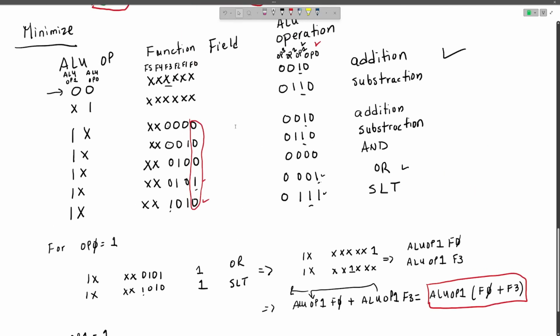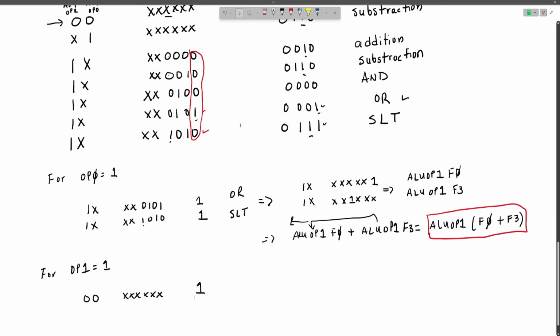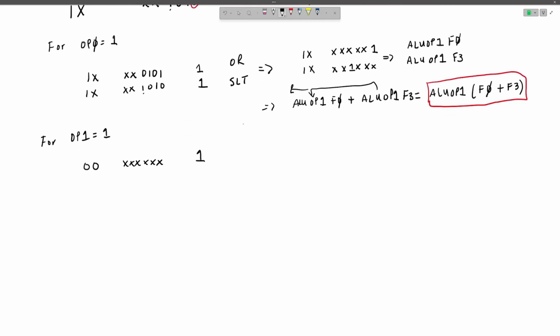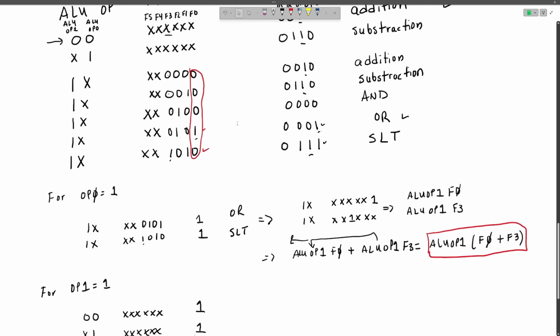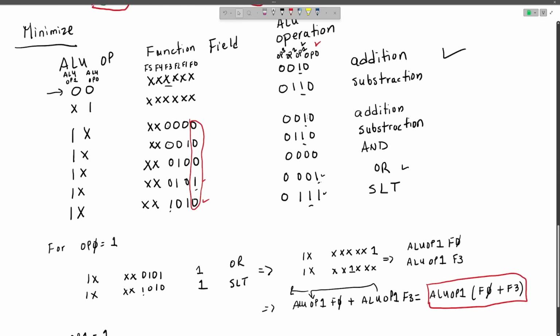The next condition is x1, and that's another condition. And then we have three conditions for those ones.